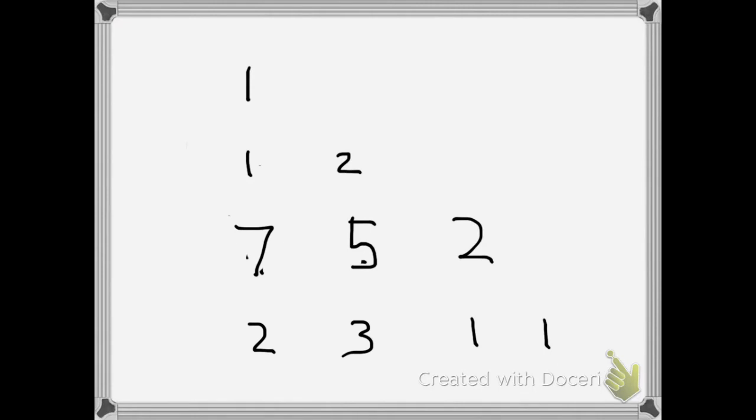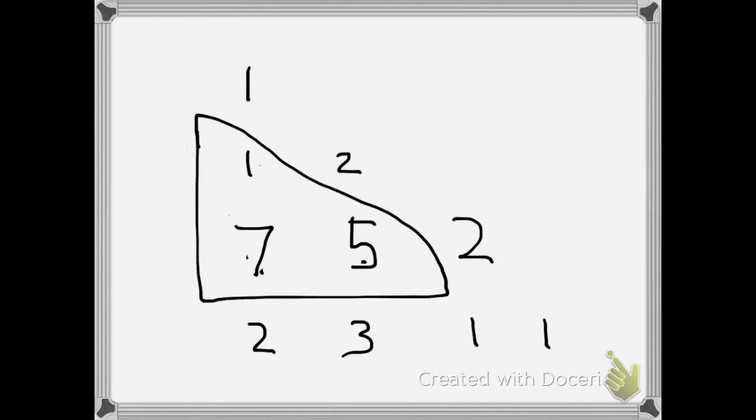After we are done with this row, we have to move one row above. So now let's consider another triangle, which is this one. It doesn't look like a triangle, but consider it's a triangle. From 7 and 5, obviously 7 is greater than 5, that's why we choose 7 and update this one to 8, because 7 is greater than 5, and we'll add it.